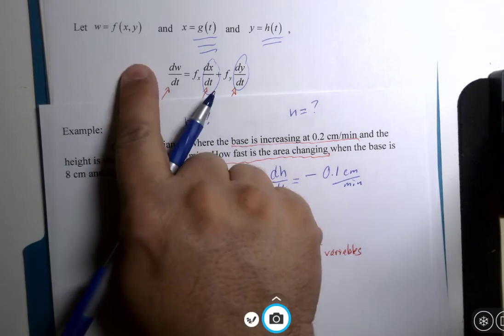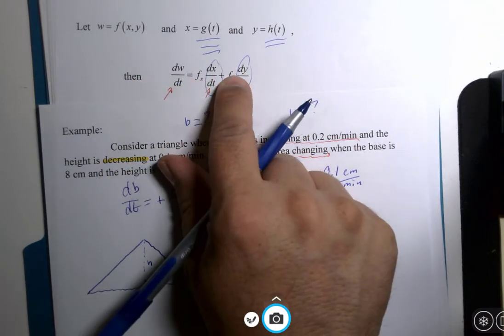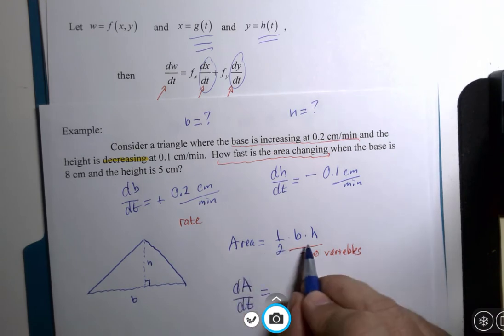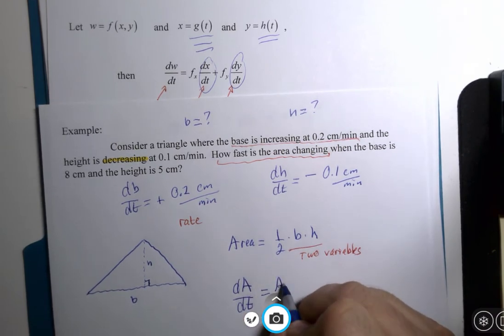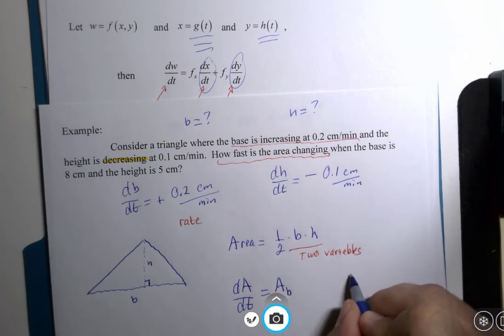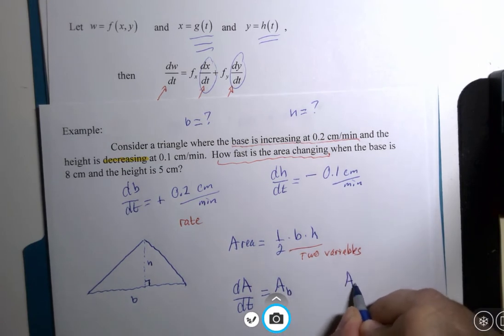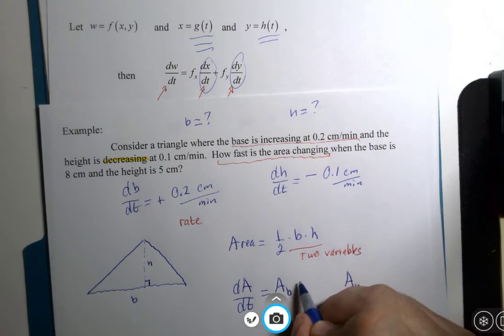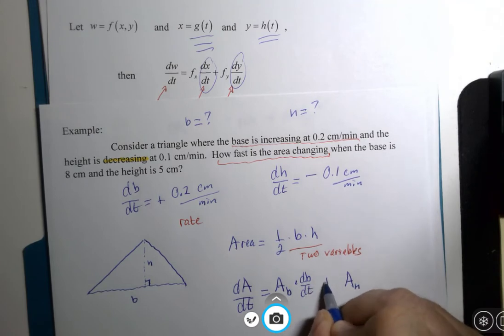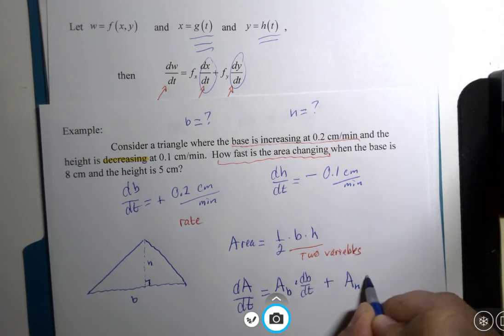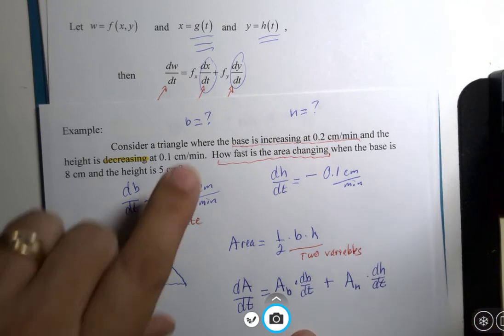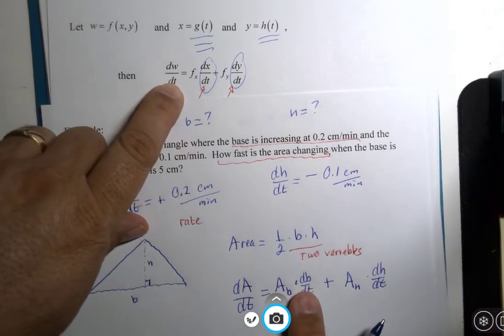Well, according to our chain rule formula, there's two variables here, so I'll do a partial derivative with respect to b and a partial derivative with respect to h, and then this would be times dB dt plus, and this will be times dH dt, if I'm correctly copying this formula down.